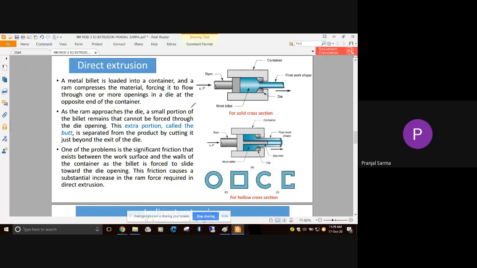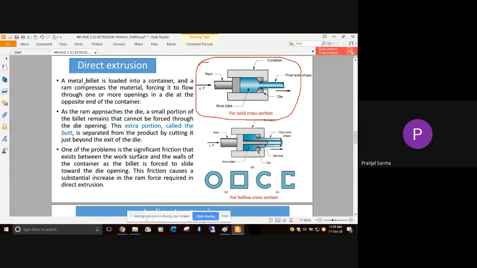Now in the case of direct extrusion, the diagrams that we mostly draw to denote the extrusion process, which you have generally seen, are mostly the direct extrusion process only.